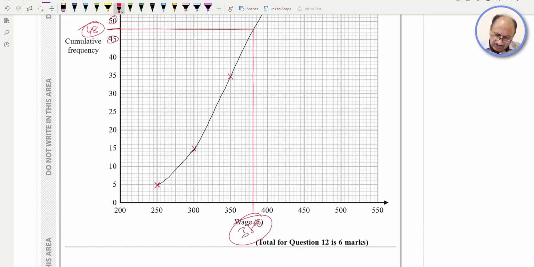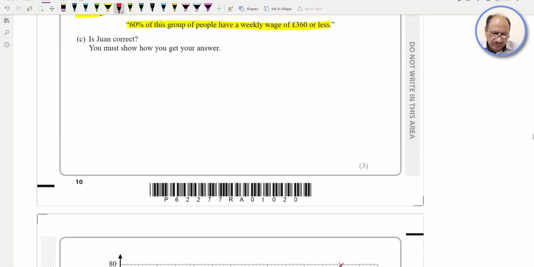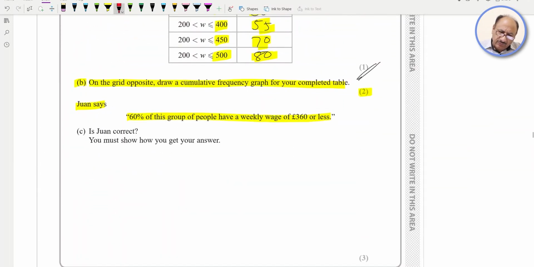So 380 will be the reference, and they are saying wages. 60% of this group of people have a weekly wage of 360 or less.